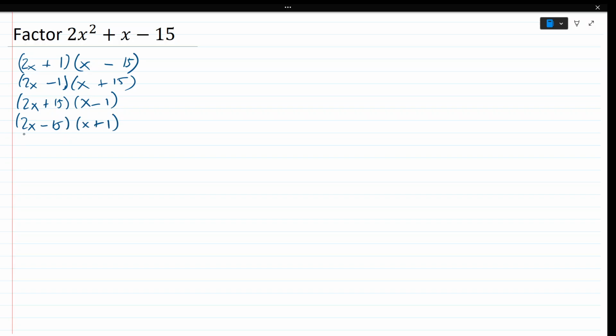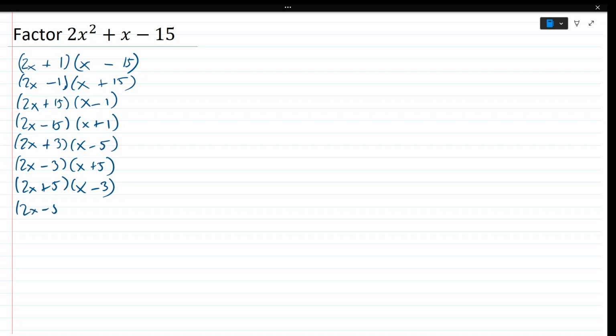But then, other factors that multiply together to give you 15 would be 3 and 5. So it could be 2x plus 3, x minus 5. Or it could be 2x minus 3, x plus 5. Or it could be 2x plus 5, x minus 3. Or 2x minus 5 times x plus 3.